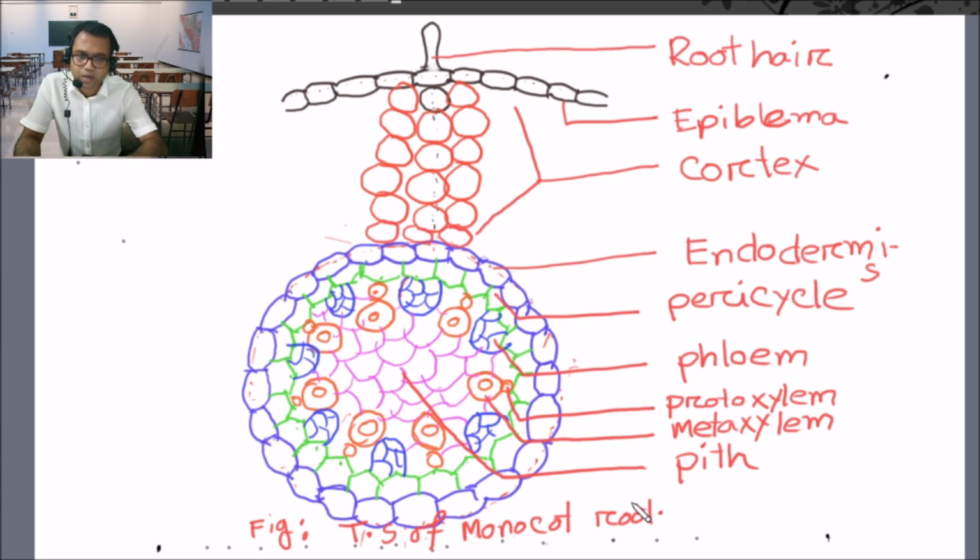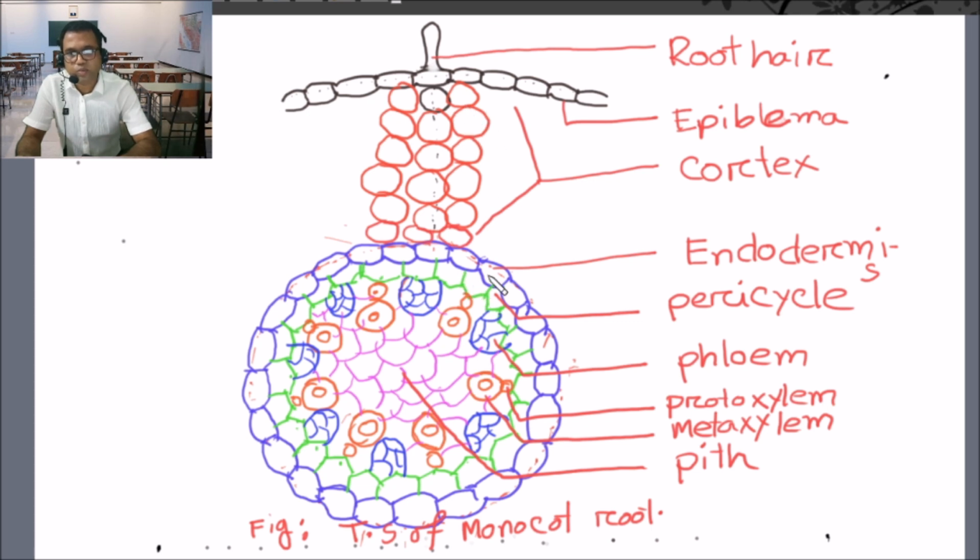I think now you can easily draw a transverse figure of a monocot root, and we learned the identifying characteristics of monocot root from the previous time. This one is the unicellular root hair, and this layer is known as epiblema, and this portion is known as cortex.